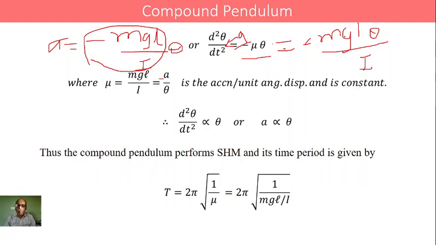Also, since all these terms are constants, d square theta by dt square, which is A, is directly proportional to theta.